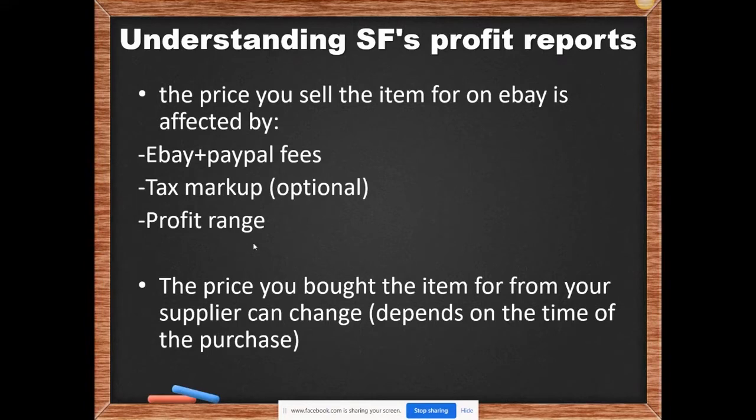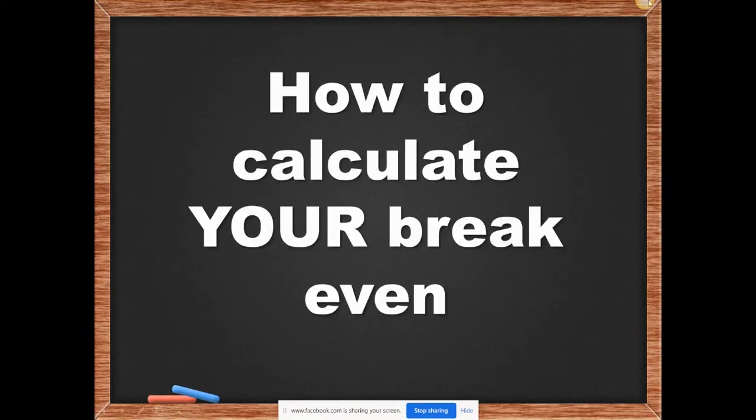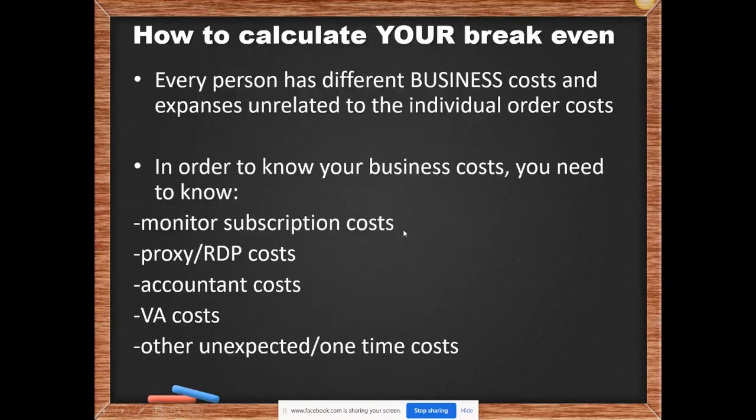Okay. So now we need to talk about how to calculate your break even. When I say break even, there are like 2 break evens: an order break even, and the business break even.